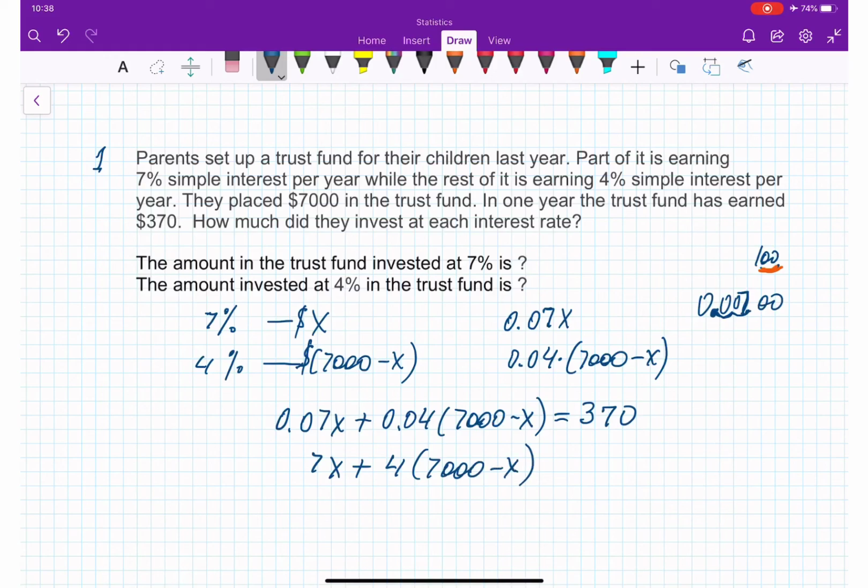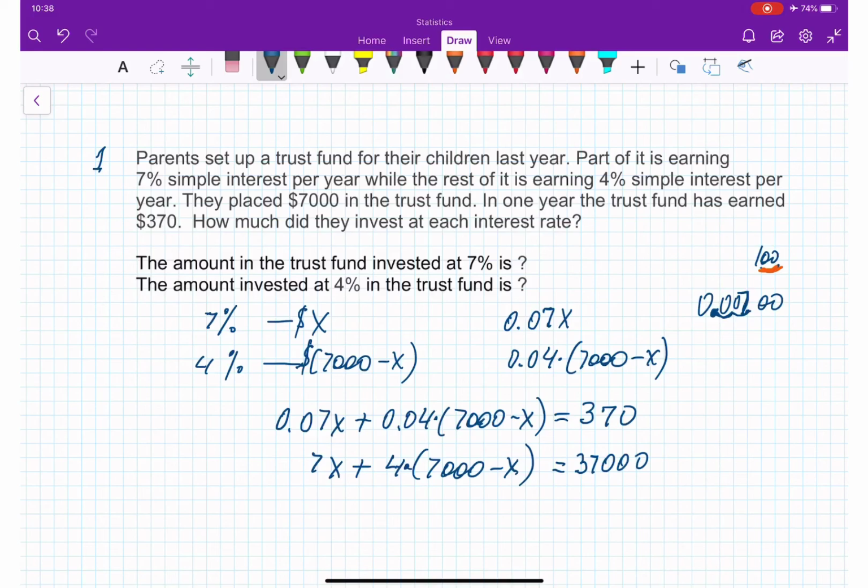This 7,000 minus x is tied up with the 0.04 through multiplication, therefore it's considered as one term. That's why converting just 0.04 to 4, meaning multiplying by 100, is enough. We don't need to convert 7,000 minus x. And 370 also, we need to multiply by 100, which means it's going to add 2 more zeros. So we did it across the equation.